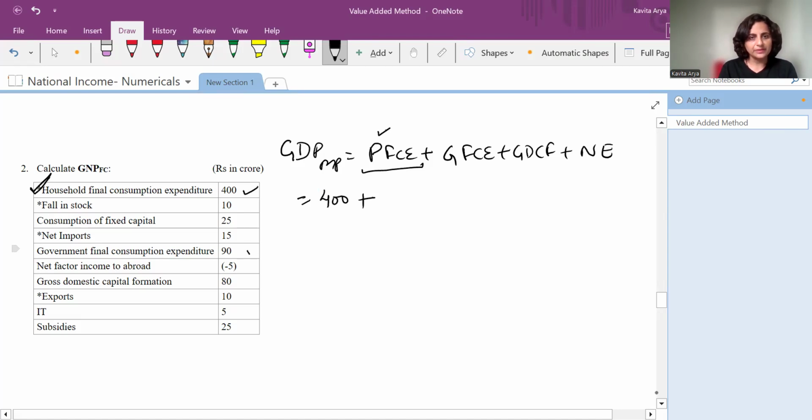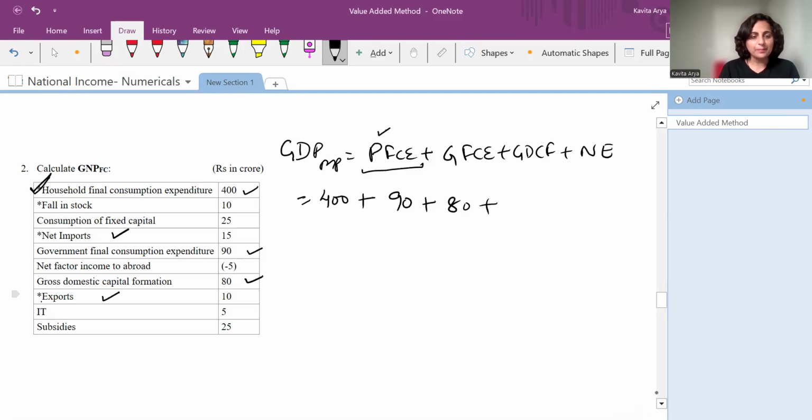Government final expenditure is 90. Gross domestic capital formation is exactly given here, it is 80, plus net exports. Now again there is a trap. Exports are given and instead of imports, net imports are given.